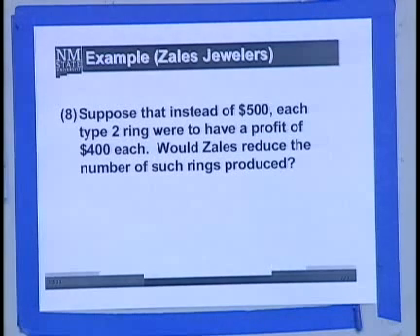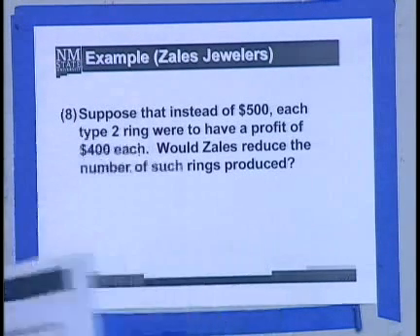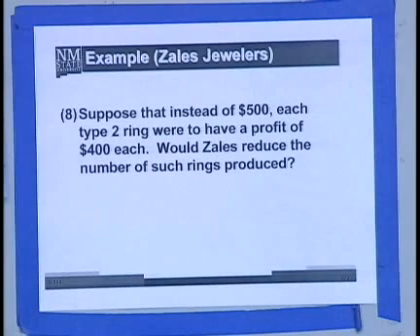Is that yes or no, or cannot be determined? So this change means a decrease of 100 in the objective coefficient of the variable x2 in the objective function, right?